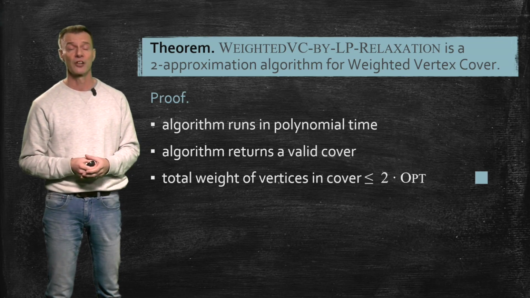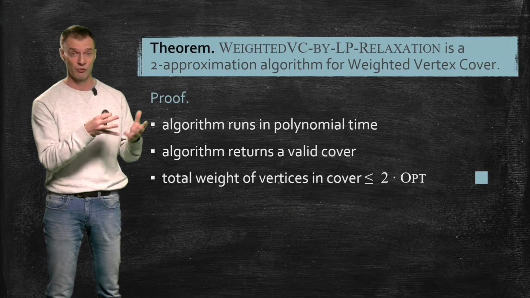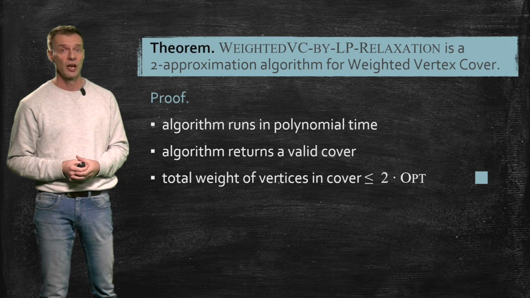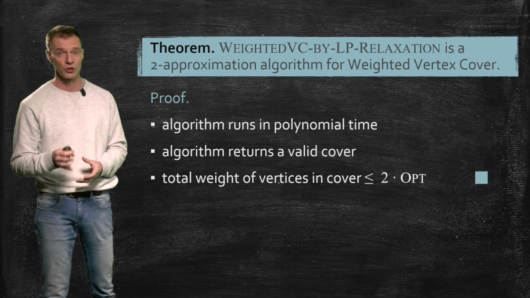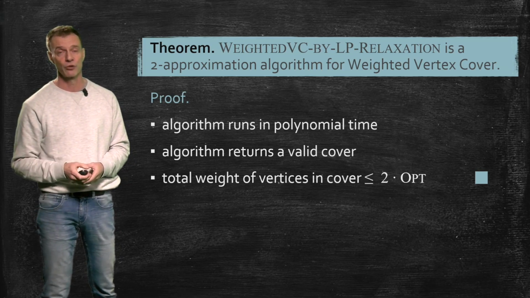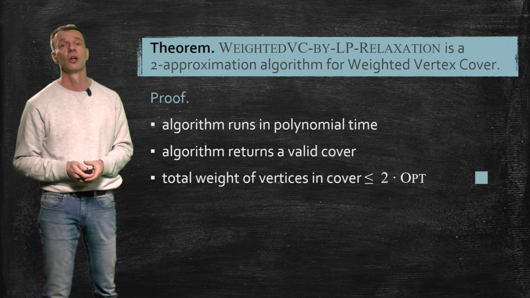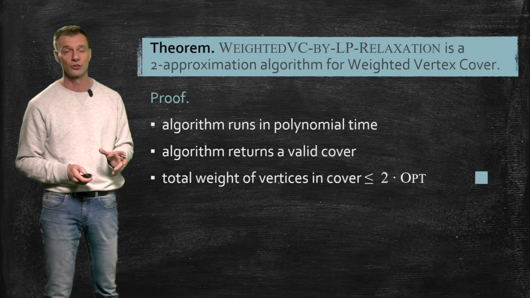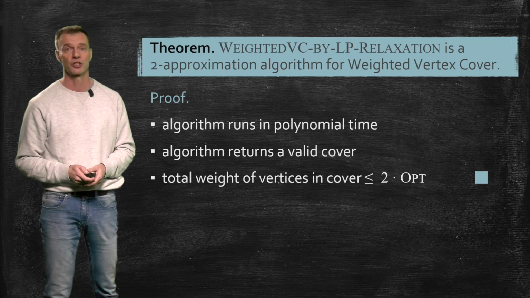We should prove that it returns a valid, feasible solution. Well, that's true because we picked a threshold of 1/2, and we showed that with that threshold we're guaranteed to get a valid cover. And then, as we just saw, the approximation ratio of this algorithm is 2. And it's important to remember that we did that by comparing to a lower bound, and this lower bound is the solution to the relaxed LP.